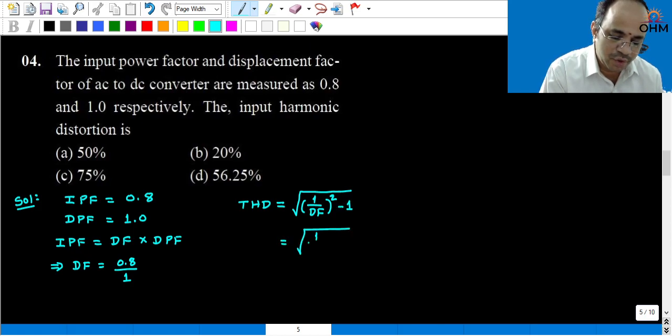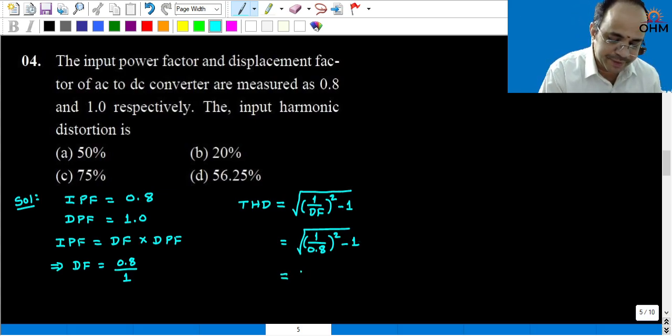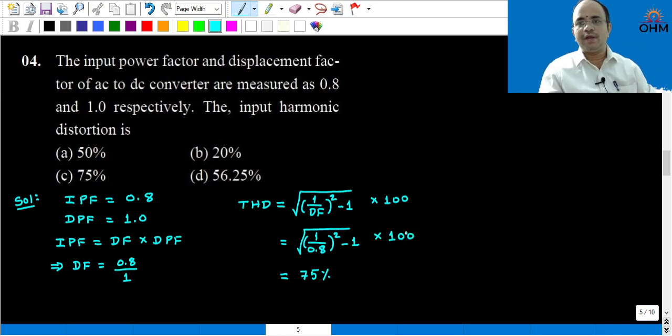Therefore, you have to calculate root of (1 by 0.8 whole square minus 1). If you multiply with 100, you will get it in percentage. Okay. So the numerical value will be 0.75 and hence it will give you 75% as the correct answer.